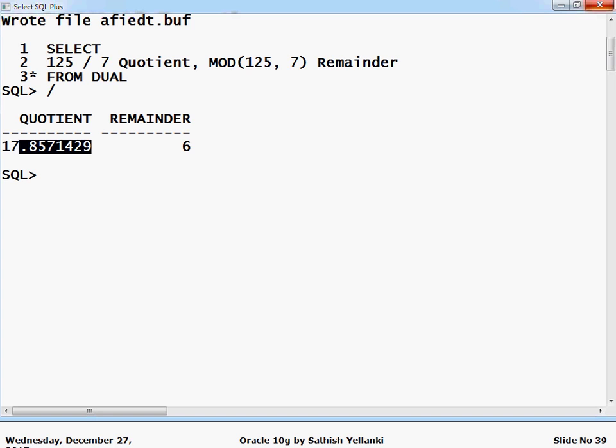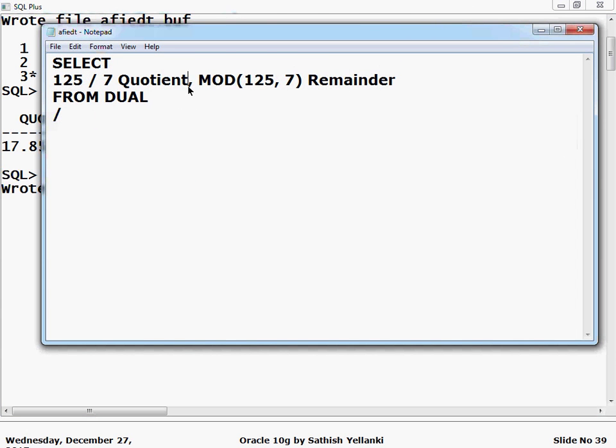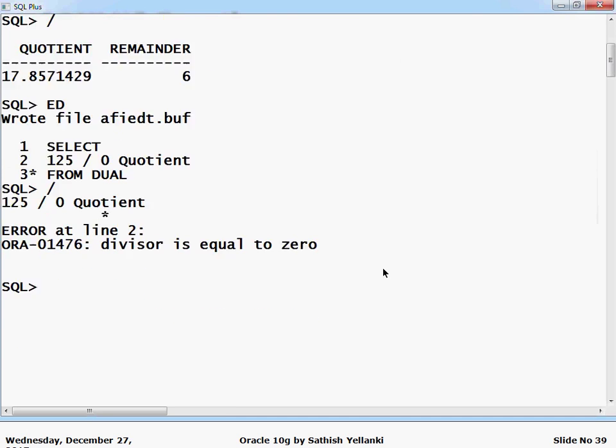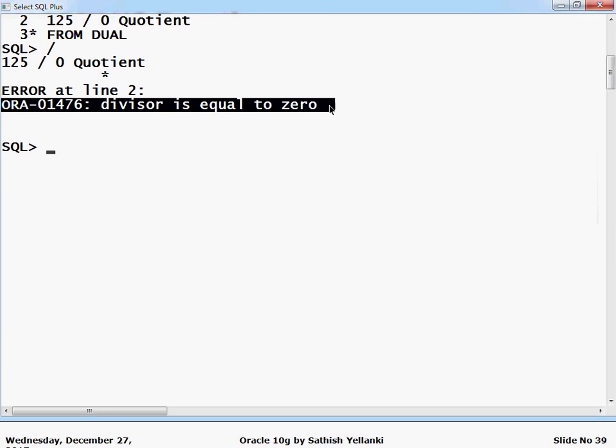So very highly accuracy-oriented constructs are there when you are dealing with mathematics. Now here you should always understand division by 0 is an error. It automatically gives you 1476, divisor is equal to 0.